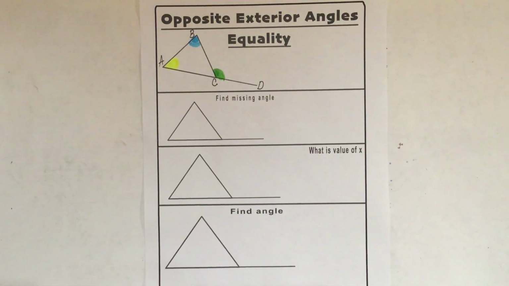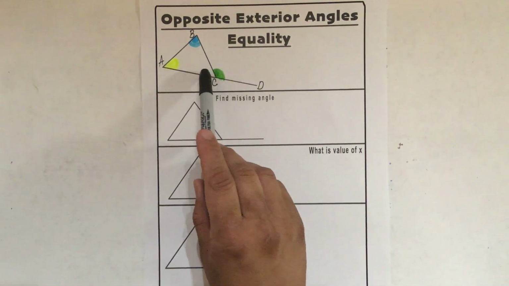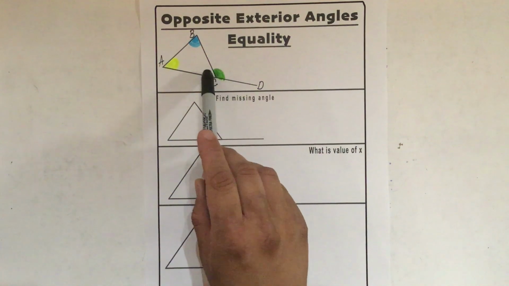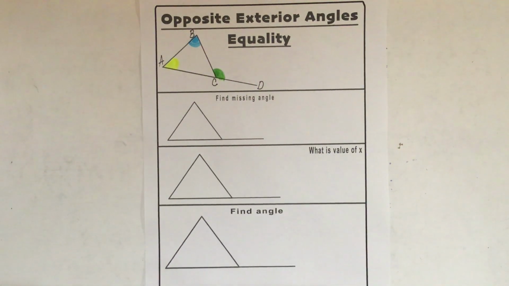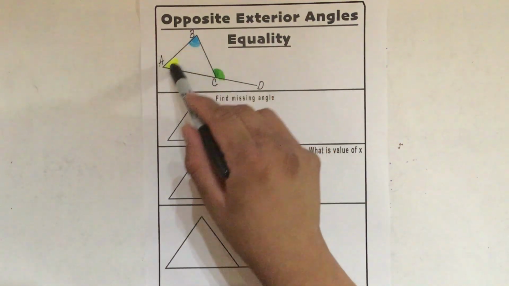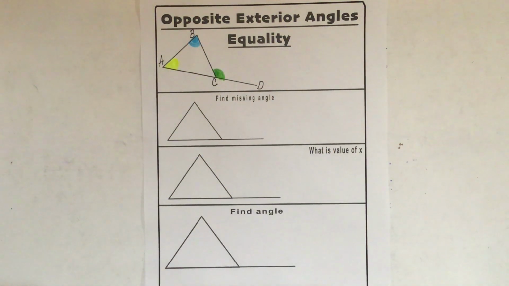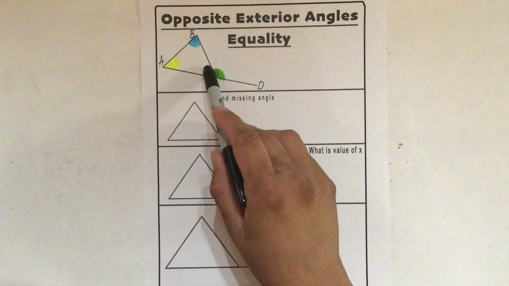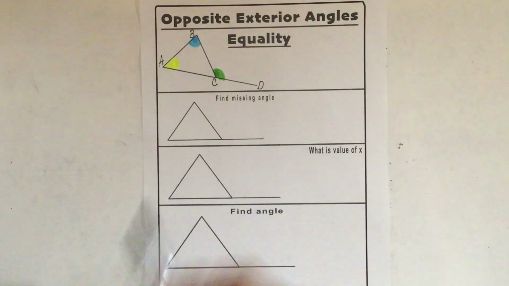Now it makes sense because when you add these two angles together that are right next to each other, they're linear, they add up to 180. And remember, when you add all three angles on the inside of a triangle, they add up to 180 as well. So this angle plus these two is 180. This angle plus this green one is 180.